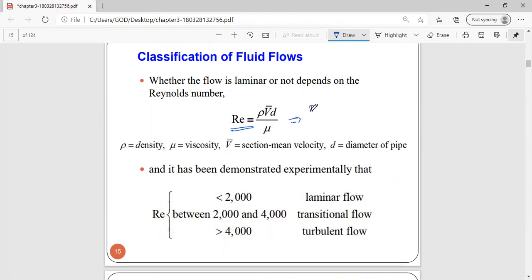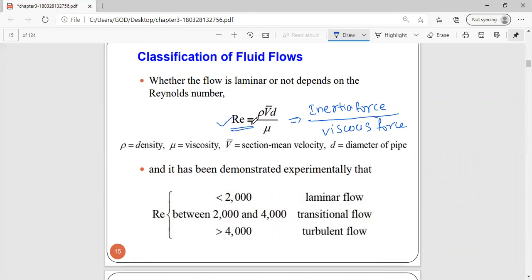It is simply the ratio of inertia force to viscous force. We calculate the inertia force and viscous force of that particular fluid. Inertia force is rho V d, where d is diameter, V is velocity, rho is density, and mu is viscosity. The ratio of these is the Reynolds number.